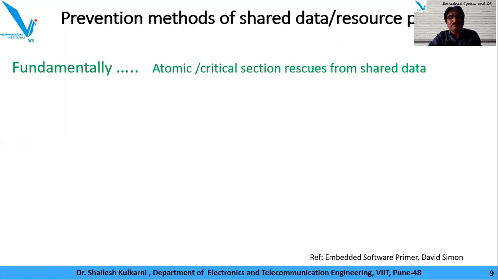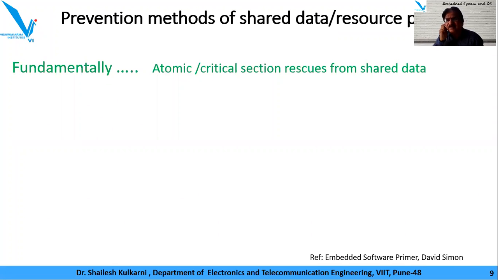Fundamentally, the section which you want to update as a shared section has to be made atomic or critical in order to protect the shared data. The word atomic indicates that there shouldn't be any further fragments in it, that it has to be executed without interruption.